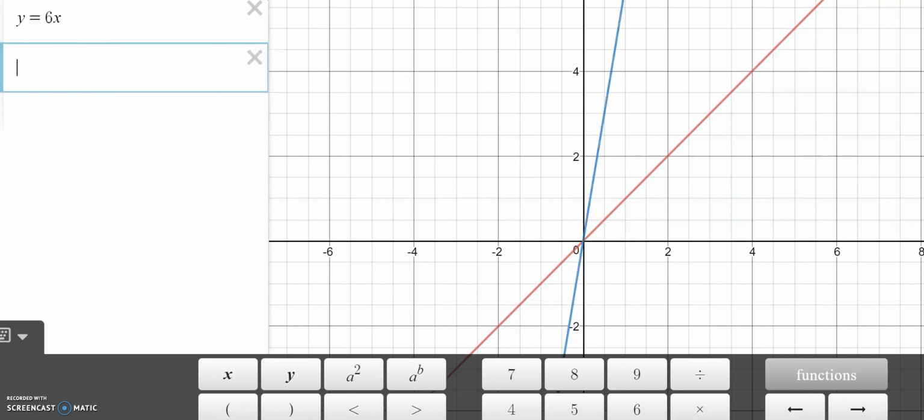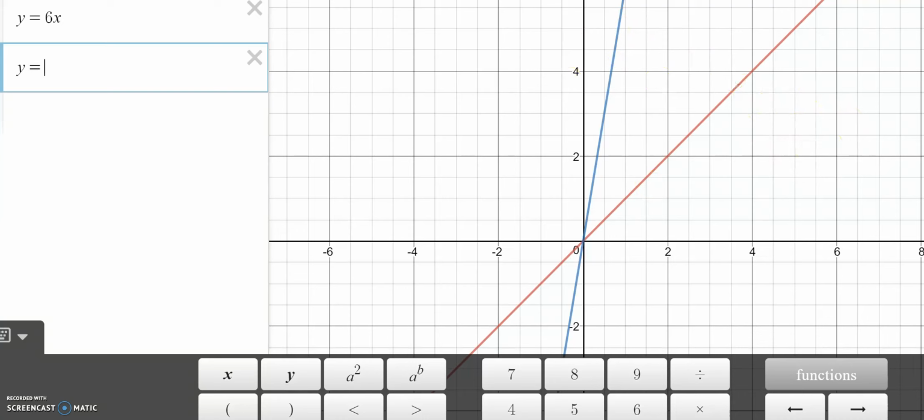Okay. Now, I'm going to write down y equals a smaller number than 6. Think. What do you think will happen? Will the line be steeper than the red and the blue line or less steep?